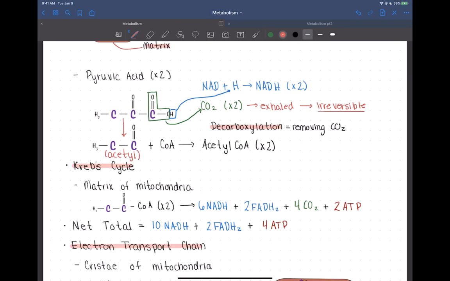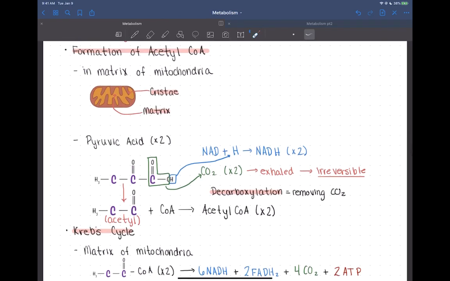That acetyl can be added to CoA to give us 2 acetyl-CoAs. So from this step, the formation of acetyl-CoA, we get 2 NADH, 2 carbon dioxide that are exhaled, and 2 acetyl-CoAs. Those are our products, and we started with 2 pyruvic acids.